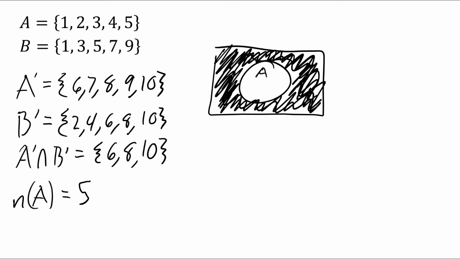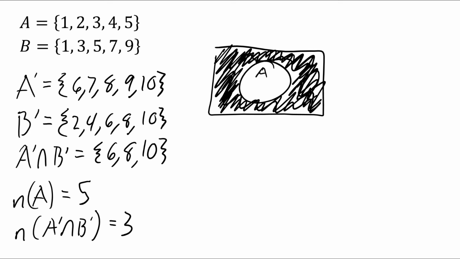When we write numbers in this format, we're writing the number of elements, not which elements there are. So we could write things like the number of elements in A complement intersect B complement, and that would be 3, because 6, 8, and 10, that's 3 elements.